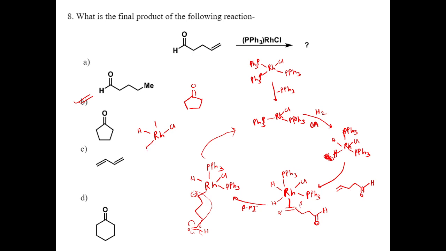So what it can do, I am not writing the other parts, it can actually bind over here, right? So this is the five-membered ring that is actually prepared. This hydrogen has a very strong affinity towards this metal center.